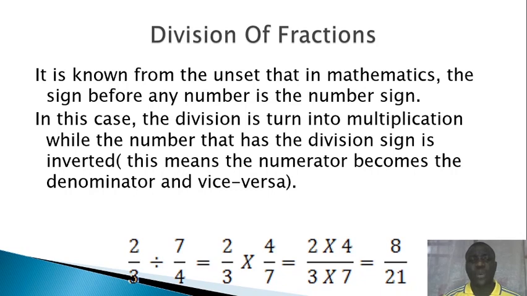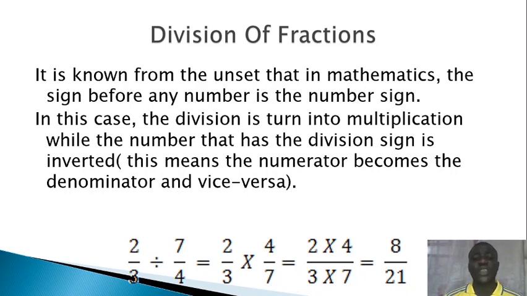The first thing I want you to notice is that in division, the operation before any number is the number's sign. So if you look at this one, that means that the division sign you are seeing belongs to 7/4. Since we don't carry out the division operation directly, we change the division sign into multiplication.